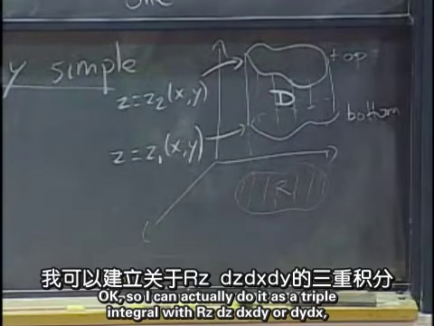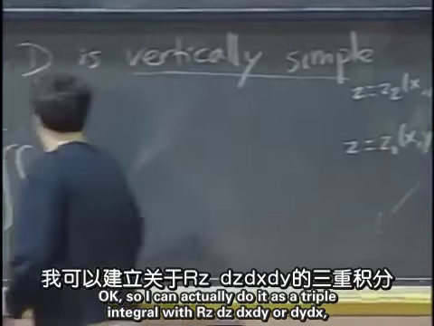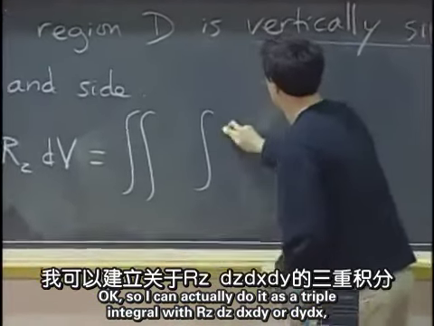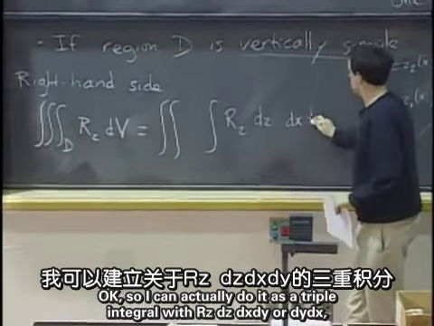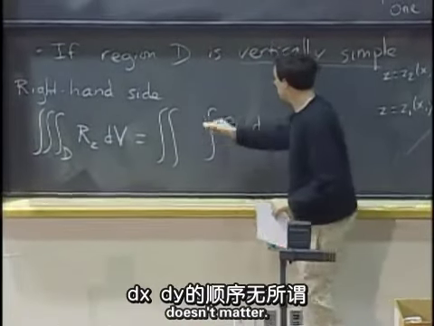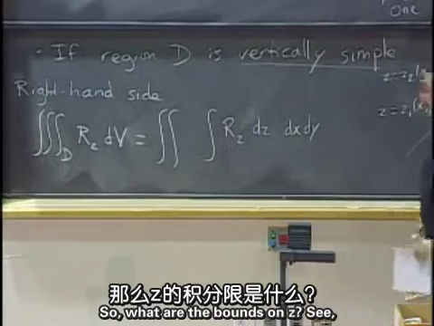Okay, so I can actually do it as a triple integral of R_z dz dx dy, or dy dx, doesn't matter. So what are the bounds on z?